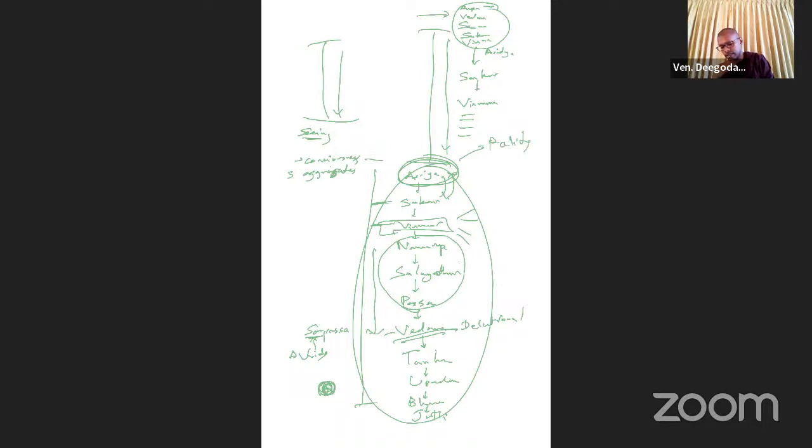When reality is applied here, the ignition, or the starting point of this cycle, is bypassed. So avidya is not occurring at that point.